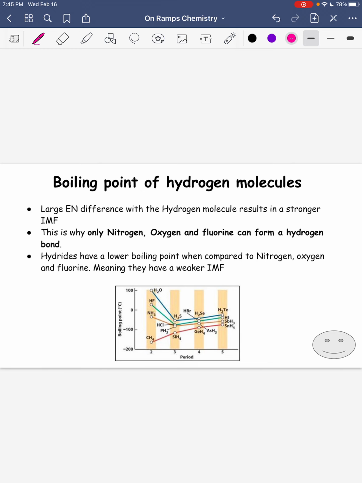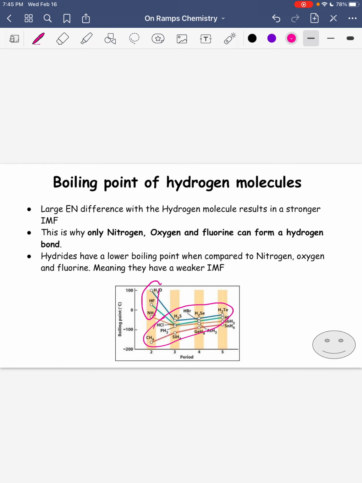So how we figured this out is we looked at the boiling points of hydrogen molecules. We saw that H2O, HF, and NH3 had extremely high boiling points when compared to other hydrogen molecules. It was significantly different. So they were wondering, why did that happen?